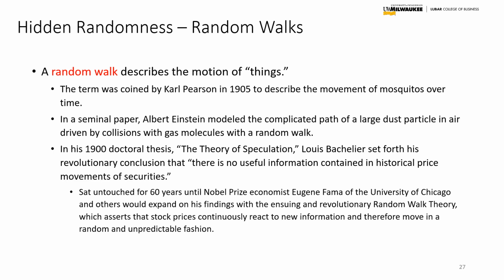His conclusion stayed untouched for 60 years until Nobel Prize economist Eugene Fama of the University of Chicago and others expanded on his finding to develop the revolutionary random walk theory, which asserts that stock prices continually react to new information and their movements are random and unpredictable.